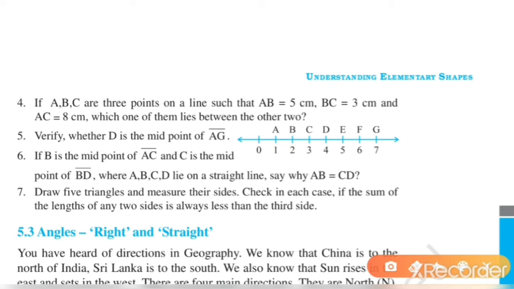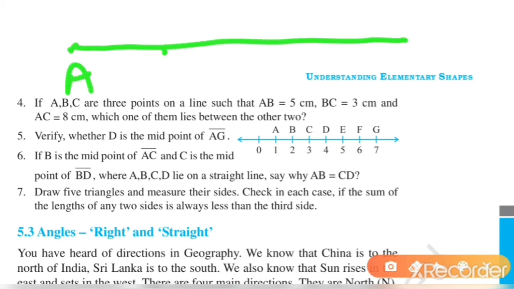Question 6. If B is the midpoint of AC and C is the midpoint of line segment BD, where A, B, C, D lie on a straight line. Look, let me draw straight line. A, B, C and D, where B is the midpoint of AC and C is the midpoint of BD.